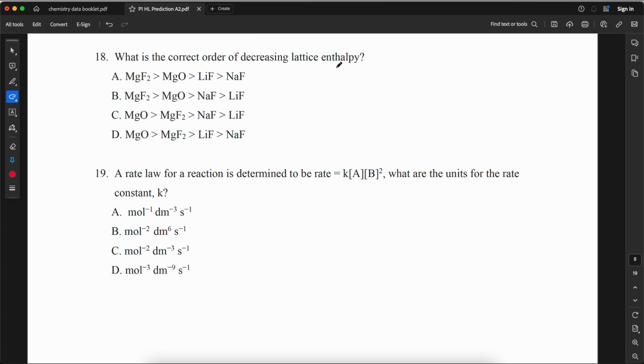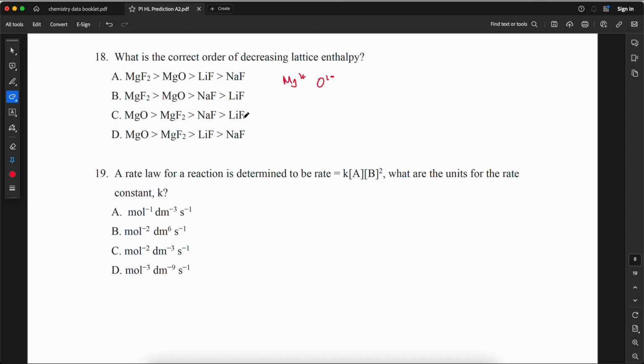What is the correct order of decreasing lattice enthalpy? Lattice enthalpy depends on the charge and the size of the ions. So we've got Mg and oxygen. Mg has charge 2 plus and oxygen 2 minus. Of course, this has the highest charge.